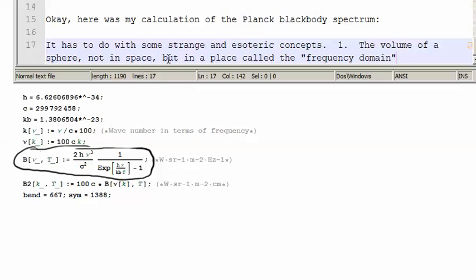It has to do with some strange and esoteric concepts. Number one, the volume of a sphere not in space, but in a place called the frequency domain.